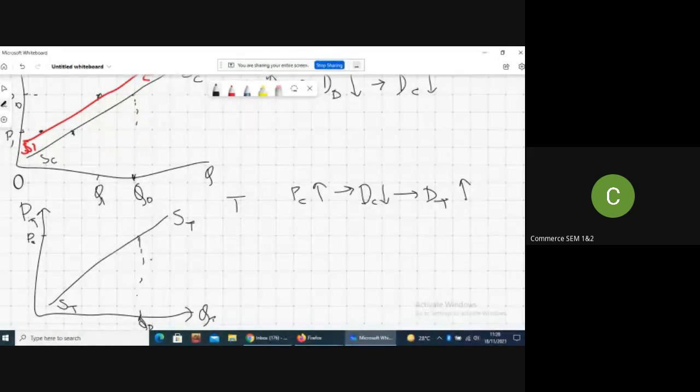As a result, in the long term, the suppliers can see that the demand for tea is increasing. So they will reduce their coffee production, and production of tea will go up. If at price P0 initially they are producing this much amount of tea, now they will produce a higher amount of tea.